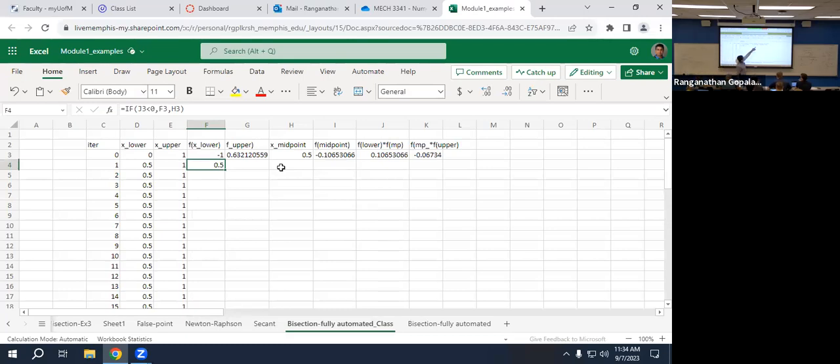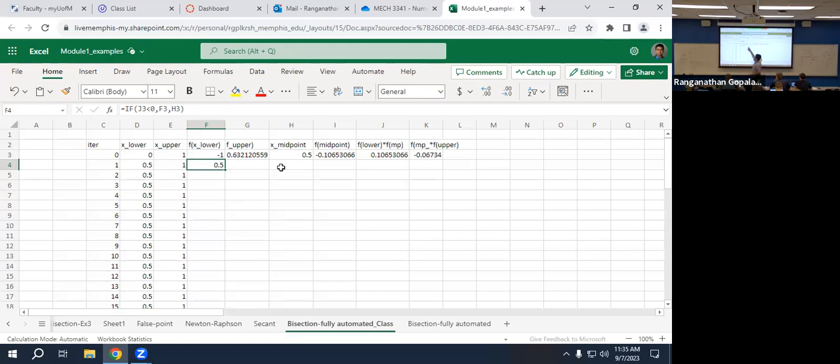Because this product is, let me see, yeah, f lower and f midpoint have the same sign. So actually, in our case, this is not getting activated. This is getting activated. So we are getting x lower new is the midpoint.